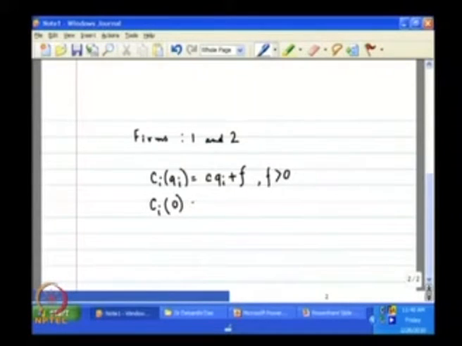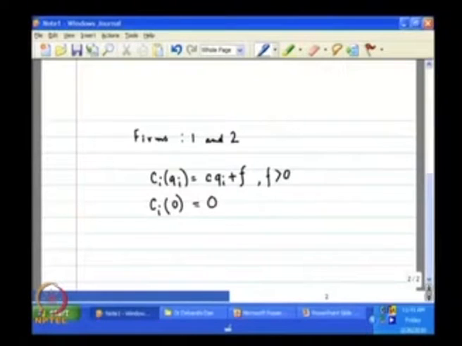We have already seen that if my level of output is 0, if I am not producing anything, then I do not have to bear that fixed cost. That is important, because generally in economics it is assumed that even if I am not producing anything, I have to bear this fixed cost f, because f does not vary with respect to q_i.